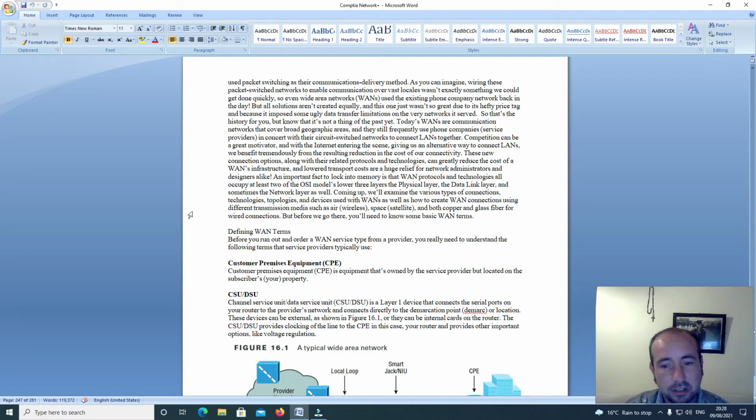Coming up, we'll examine the various types of connections, technologies, topologies, and the devices used with WANs, as well as how to create WAN connections using different transmission media such as air, wireless, space, satellite, both copper and glass fiber for wired connections. But before we go there, you will need to know some basic WAN terms.